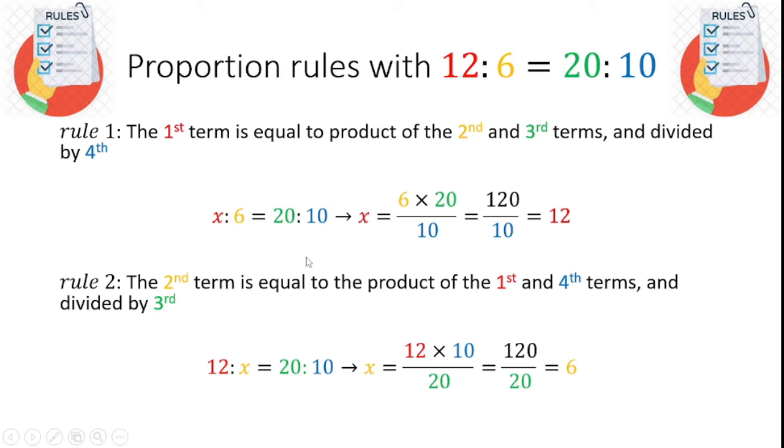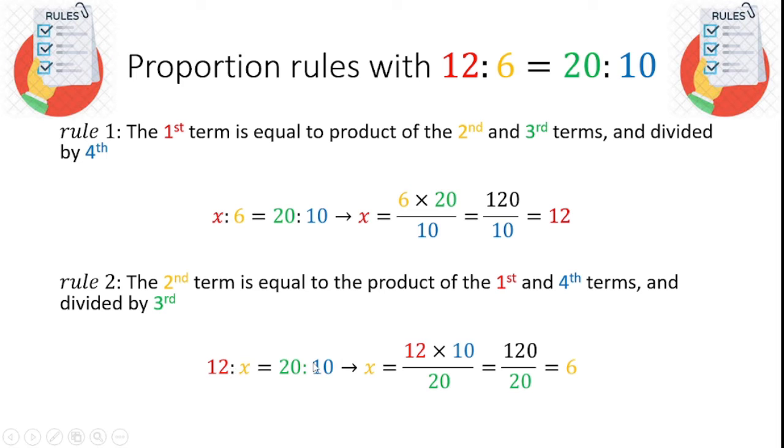If I don't have the second term, how can I identify it? Yes, rule 2 is also available. It concentrates on the second term. So the second term is equal to the product of the first and fourth terms, which can be divided by the third term. So here I represented this example: 12 is to x is equal to 20 is to 10. Here x is equal to the product of the first and fourth terms.